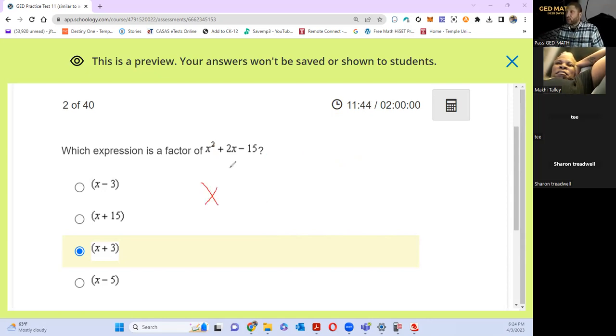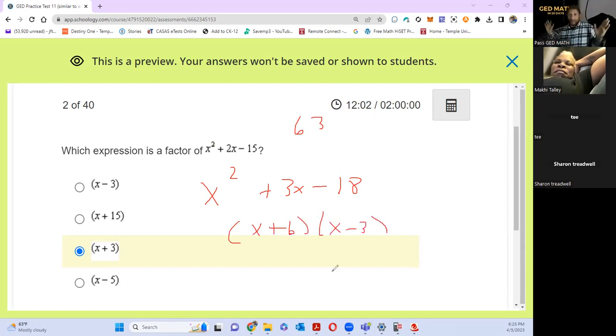For example, say I had X squared plus 3X minus 18. I know 6 and 3, if I multiply them, give me 18. If I subtract them, I get 3. So I know my biggest number is going to be positive. X plus 6, X minus 3. Done.